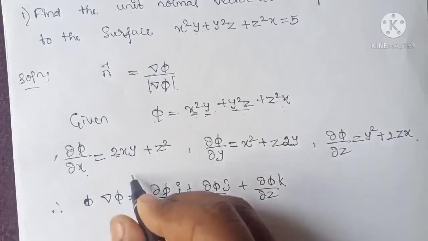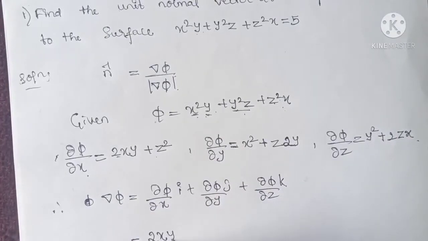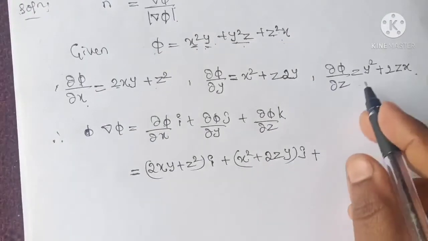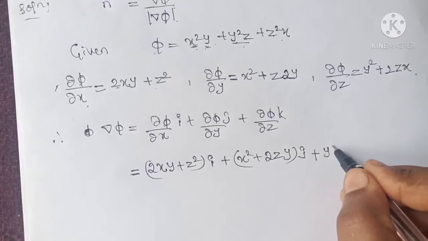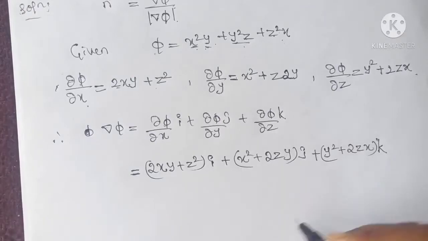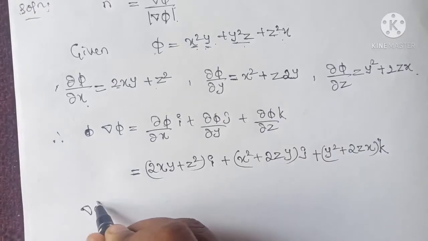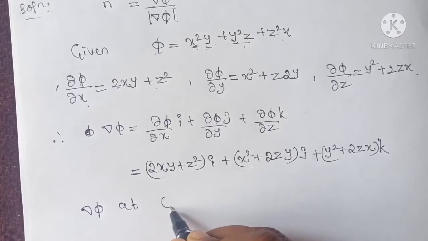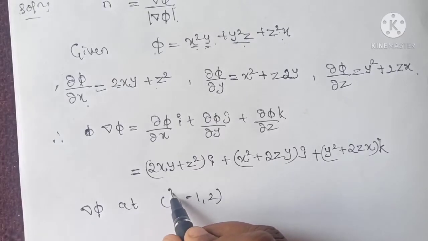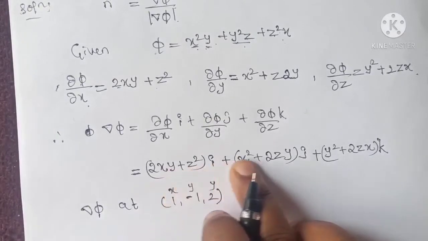Now substitute the values: 2xy plus z square into i plus dou phi by dou y value is x square plus 2zy into j plus dou phi by dou z value is y square plus 2zx into k. So now del phi at (1, -1, 2), that means we have to substitute x, y and z values into these derivatives.